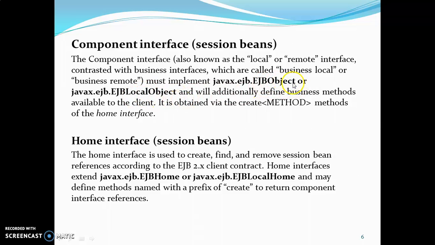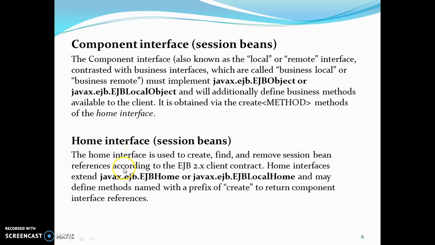EJB object refers to remote, and EJB local object refers to the local object. This will additionally define methods available to the client. It is obtained by the create methods of the home interface. Whenever we are working with the component interface, we use the get method, set method. Then in case of persistence, we make use of the create method, then some update method. All those things will be done by making use of these component interfaces.